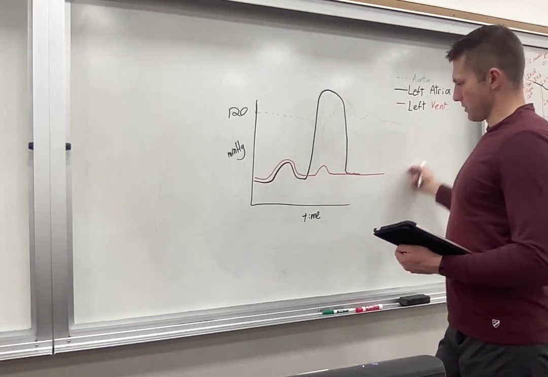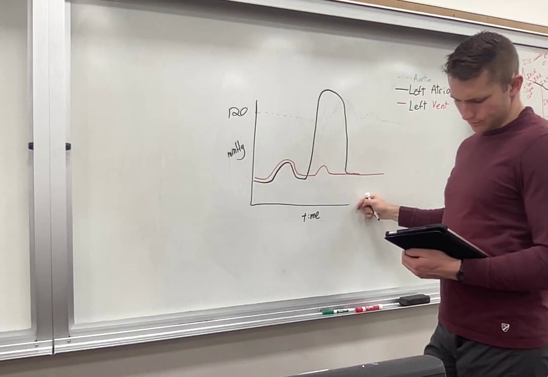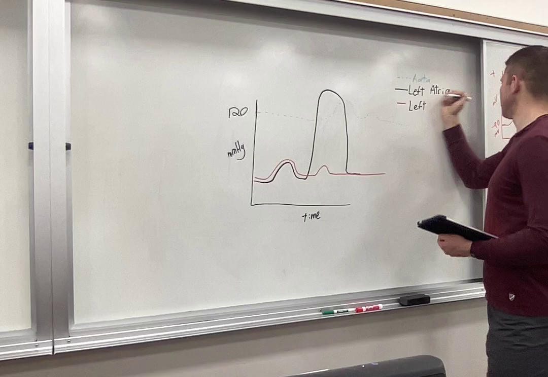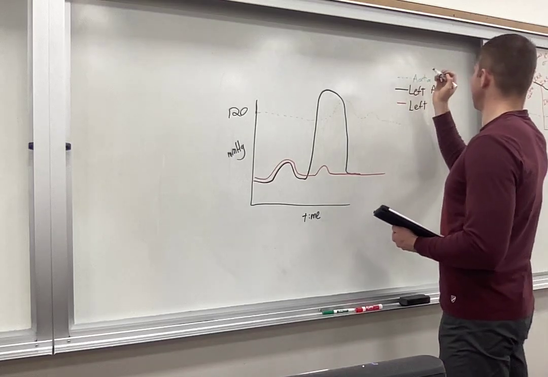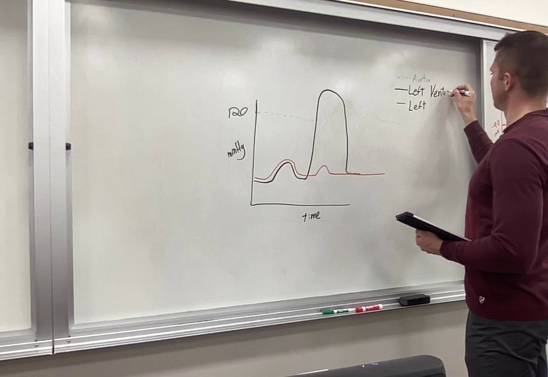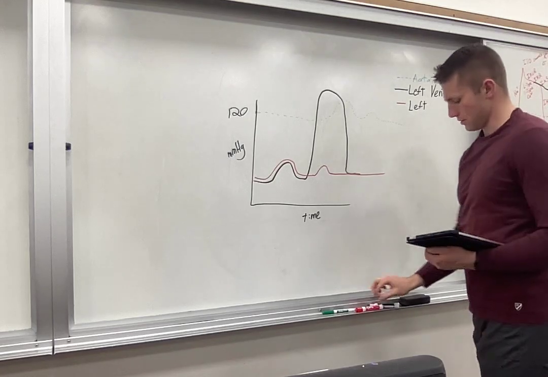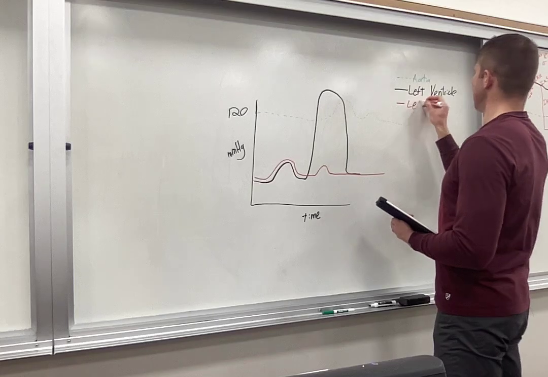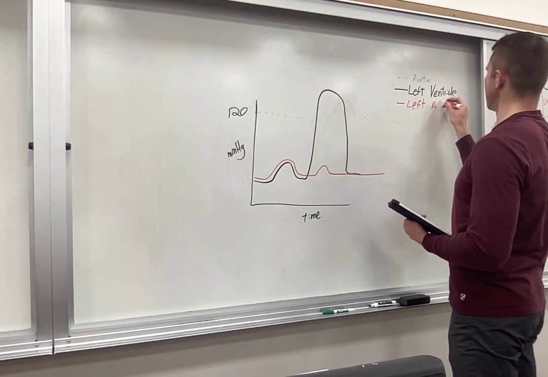Okay, so black is our left ventricle, and red is our left atria.